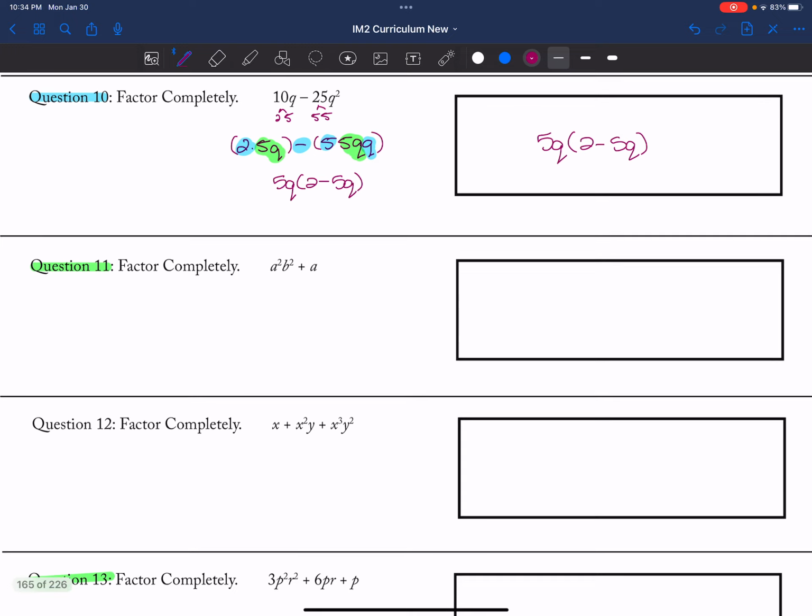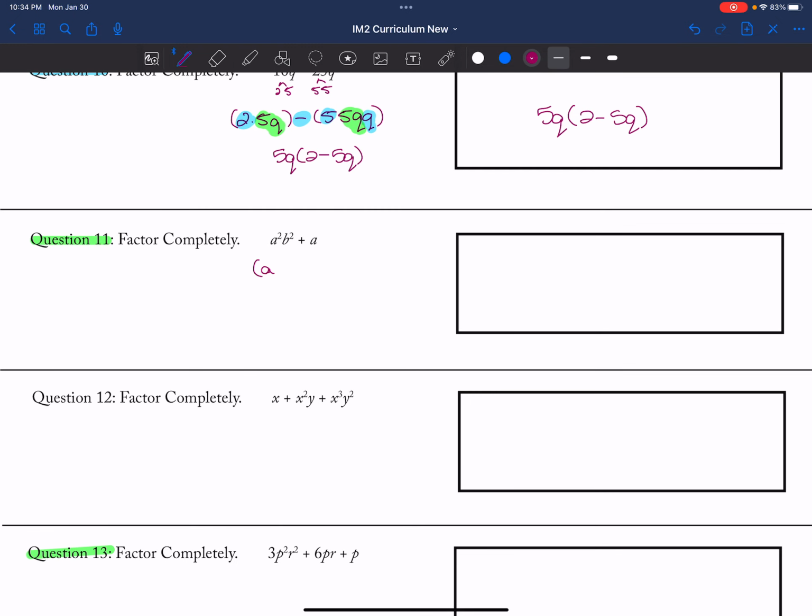Okay, and then 11 is a times a, b times b plus a. So I have a common a in there. And what I don't have is, I have actually a multiply by 1 here. And so that's what I'm left with. So I factor out an a. I'm left with ab squared plus 1.